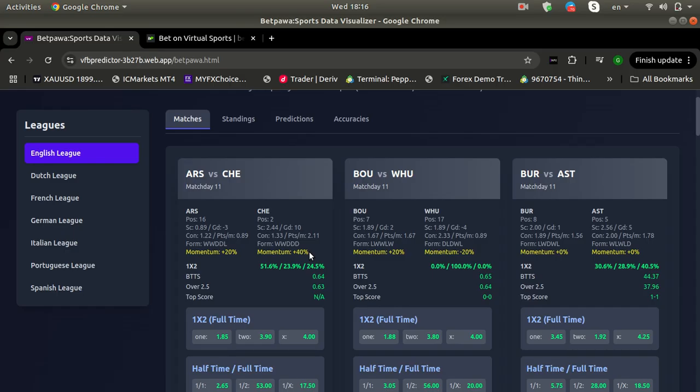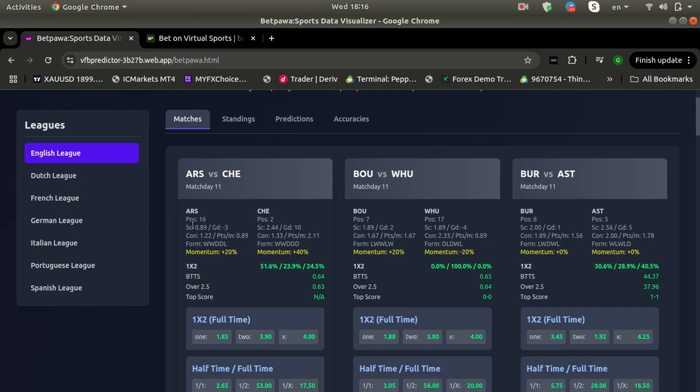Okay, that information you can get by just looking at this, and you can even place a bet by just looking at this information. For example, you can look at the goals scored per match, and the team that has a higher goal score per match basically means that it is likely to also score more.